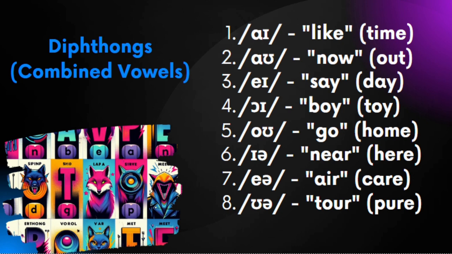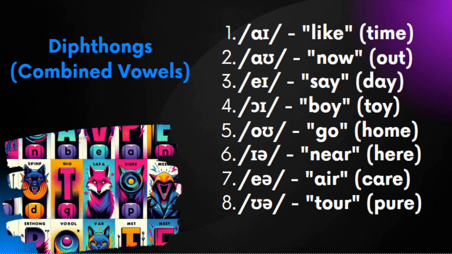Number five, o as in go or home. Number six, ear as in near or here. Number seven, we have air as in air or care. Number eight, or as in tor or pure.